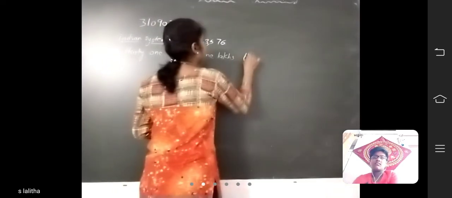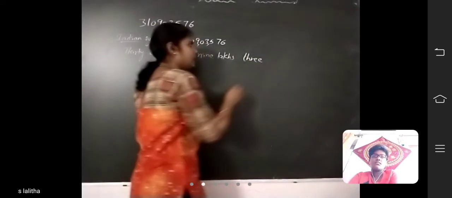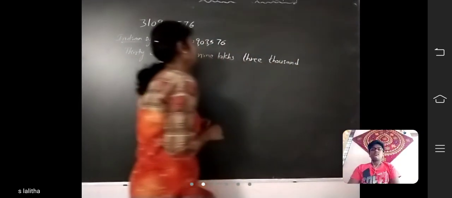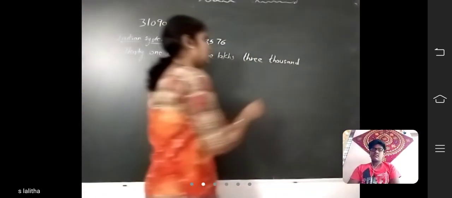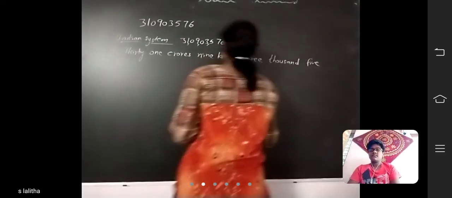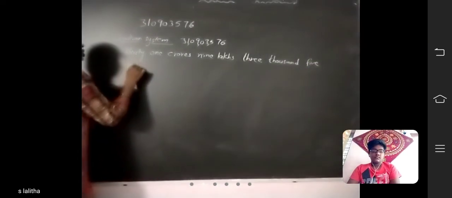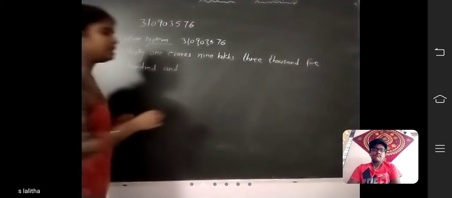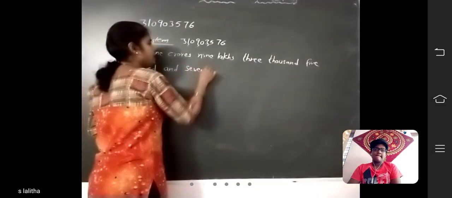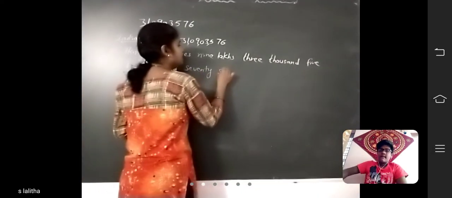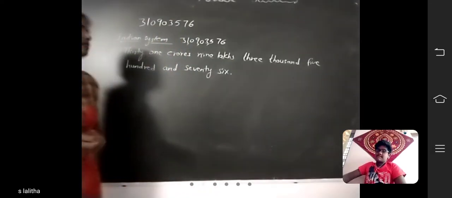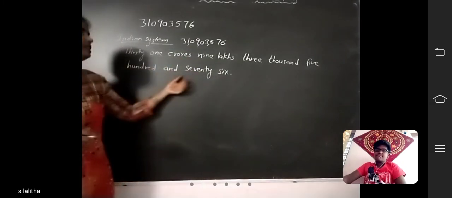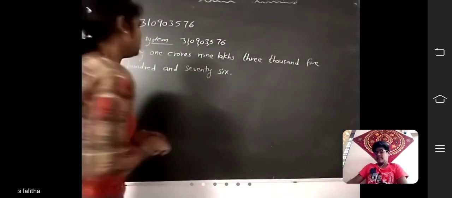Next, T-H-R-E-E, 3,000, T-H-O-U-S-A-N-D, 1,000, 576, F-I-V-E, 5, H-U-N-D-R-E-D, 100, and 76, S-E-V-E-N-T-Y, 70, S-I-X, 6. 31 crores, 9 lakh, 3,576.